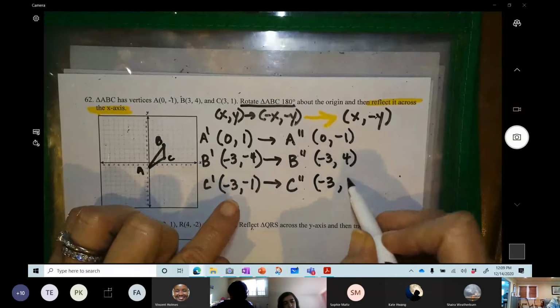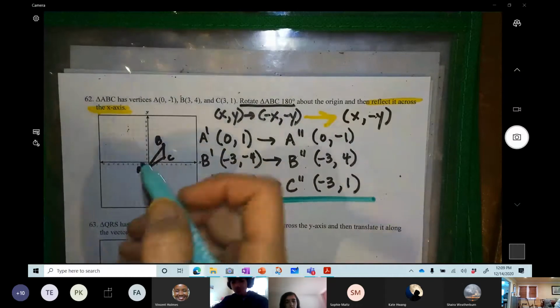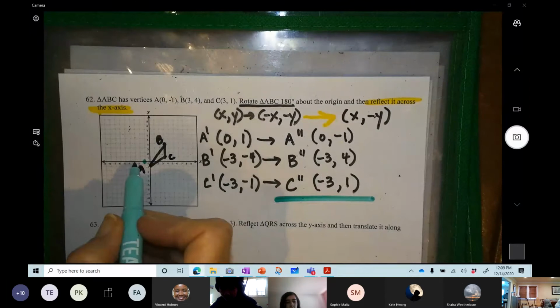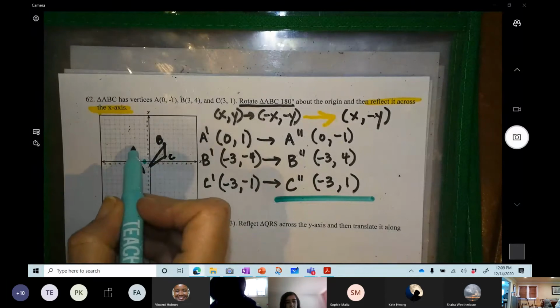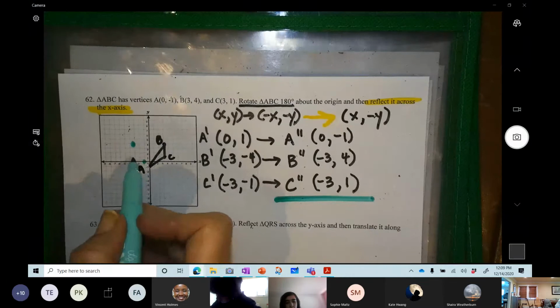It's going to be negative 3, positive 1. That's how it changes, and this is what you're going to graph. So A double prime is 0, negative 1, negative 3, 4 is B double prime, and negative 3, 1 is C double prime.